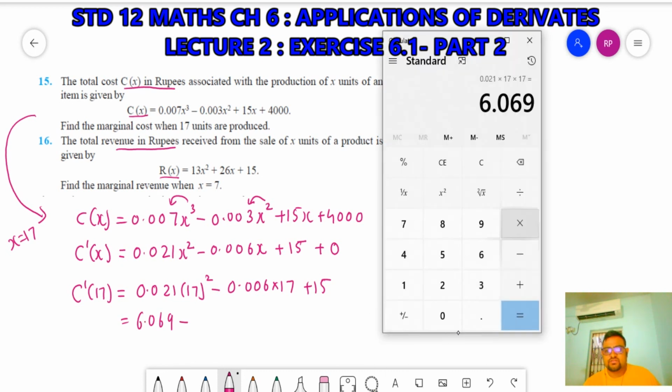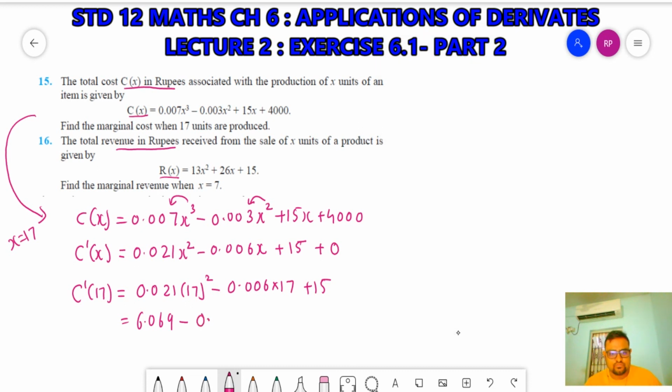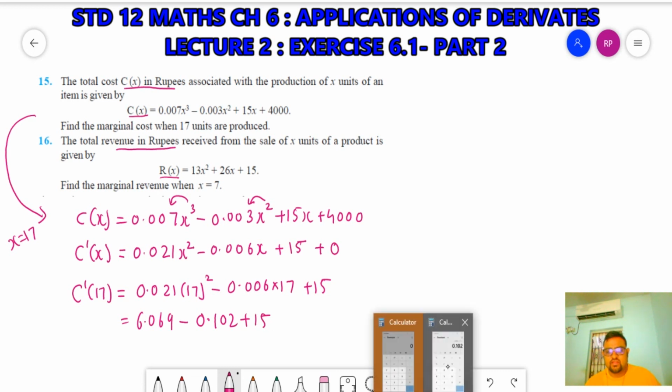Minus 0.006 into 17, that is equal to 0.102, plus 15.